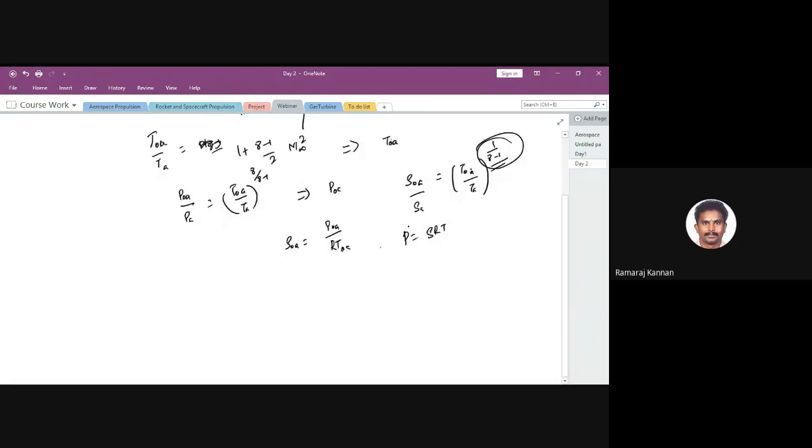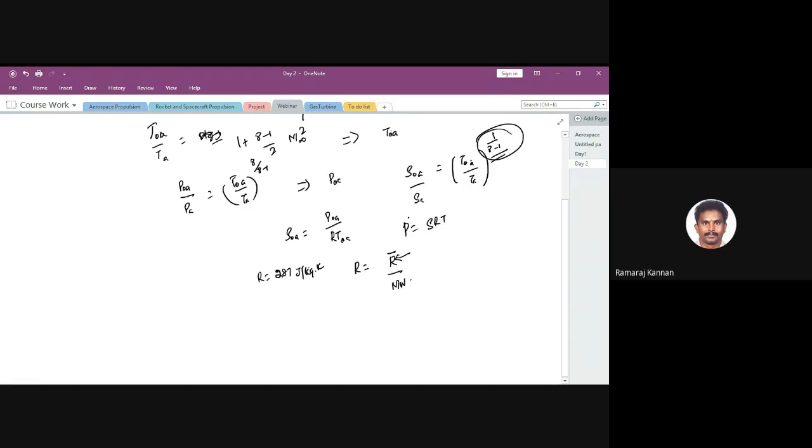You know the R value for air; as I told you last class, it is R bar divided by the molecular weight, where R bar is the universal gas constant and mW is the molecular weight. For air, R is 287 or 286 joule per kg Kelvin.